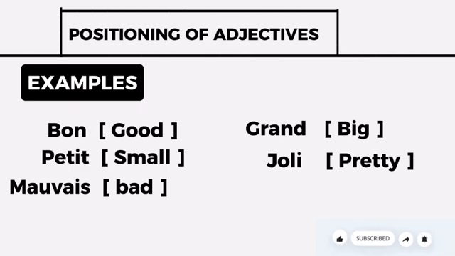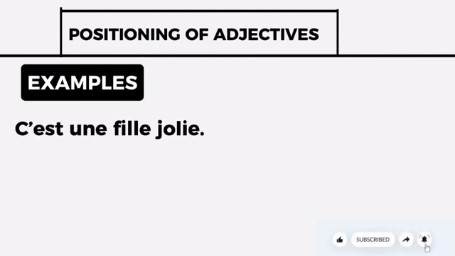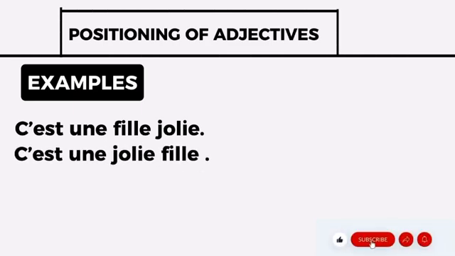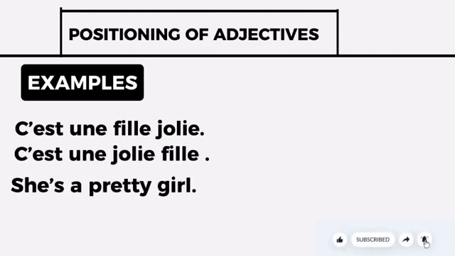These adjectives come before nouns instead of after the nouns. For example, you do not say "c'est une fille jolie." Instead, you say "c'est une jolie fille." And this means she's a pretty girl.